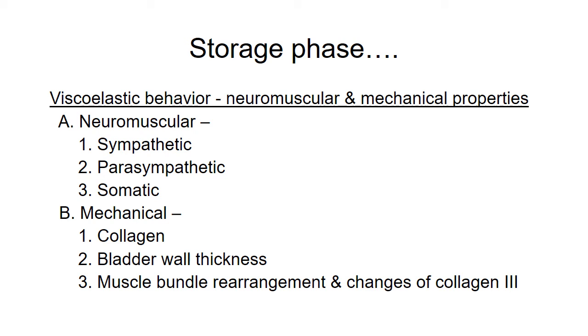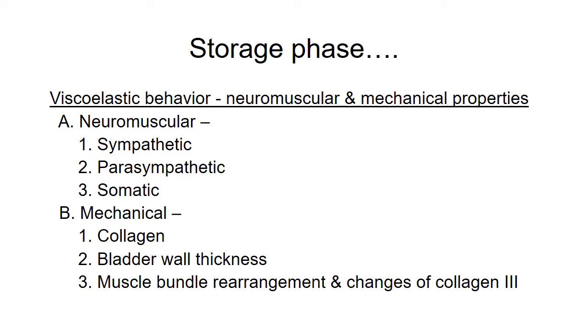Now we can look into the mechanical properties. The mechanical properties are extremely sensitive to the tissue structure and composition of the bladder wall. Apart from smooth muscles, the normal bladder contains 50% collagen. In spinal cord injuries, the collagen content increases, so the bladder compliance gets decreased.